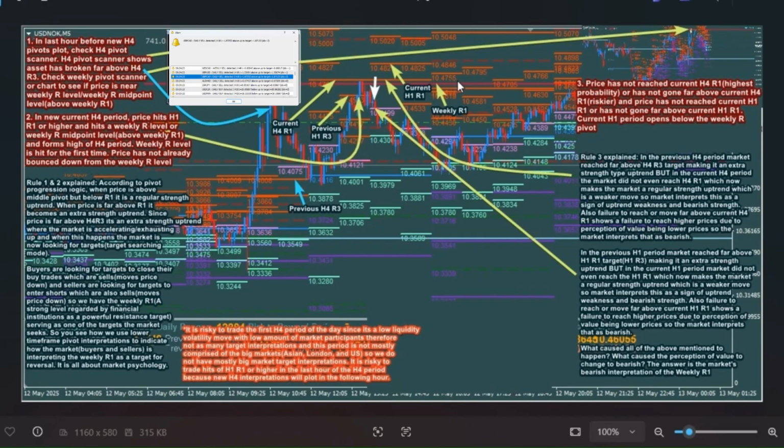And that bearish interpretation causes the market's perception of value to be a price at lower prices, which is why price moves downward. And we trade in that direction of value. We trade in that direction of the perception of value, which is a price at lower prices.